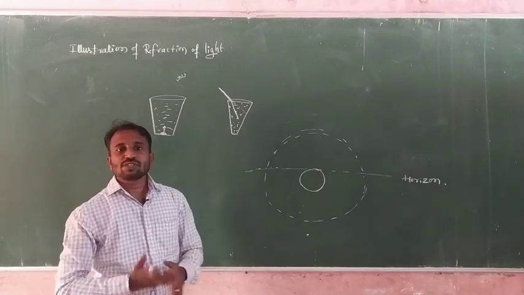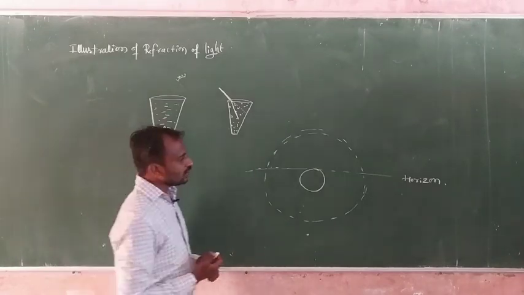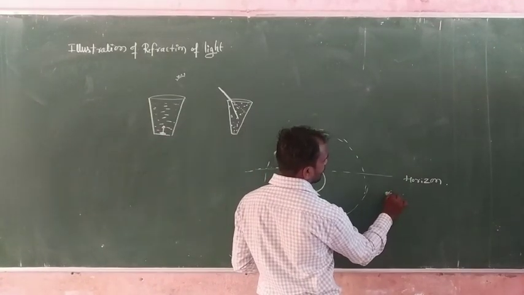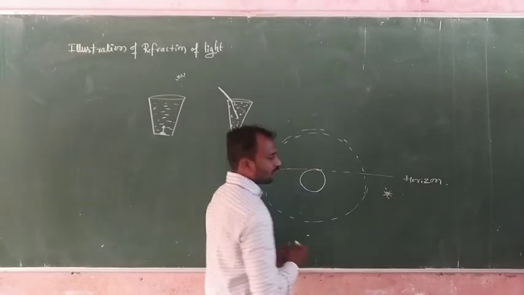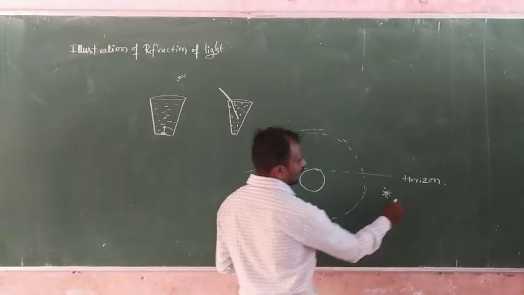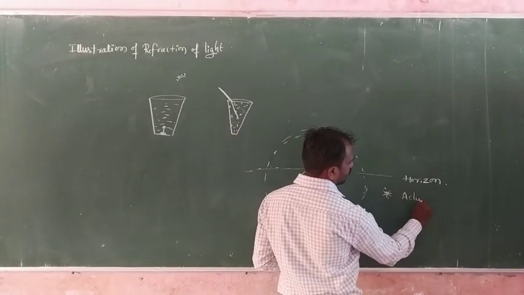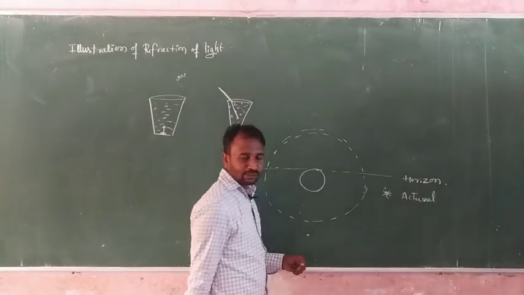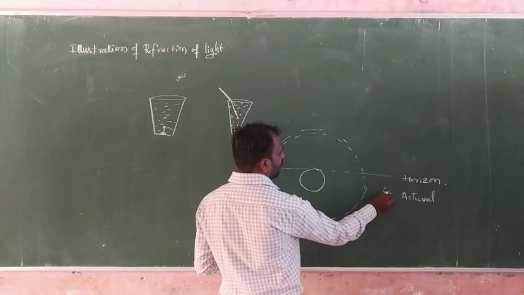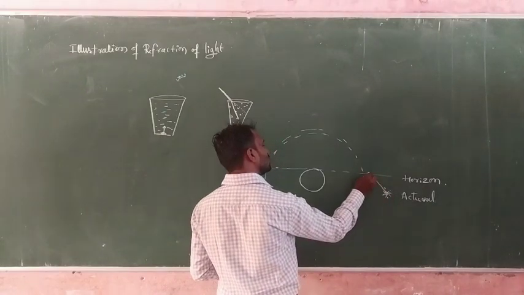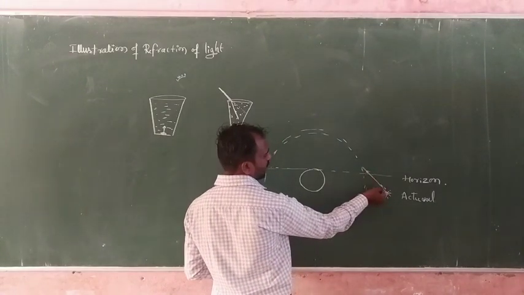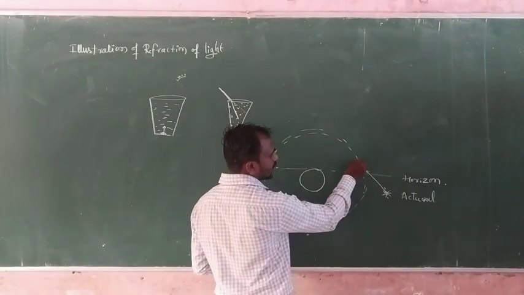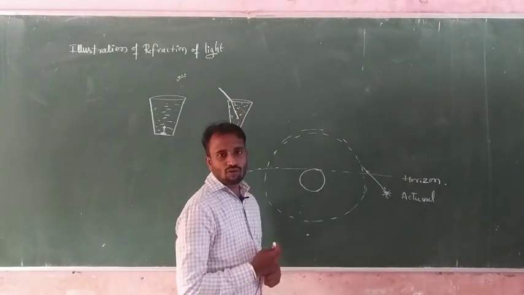Here, suppose this one is the actual position of the sun, and light rays come from the sun and enter these different spheres of the earth.